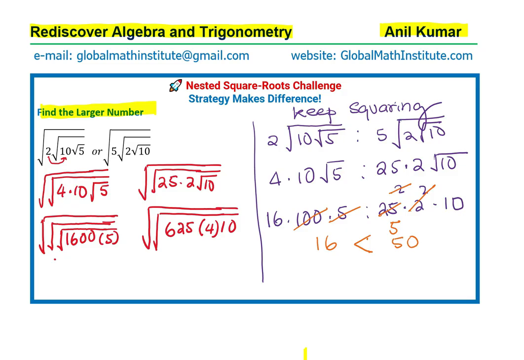Of course, you could have done a similar calculation here also, canceling out 10, for example. Just simplifying like this, and dividing by 5 and dividing by 4, you could have simplified and got your result.